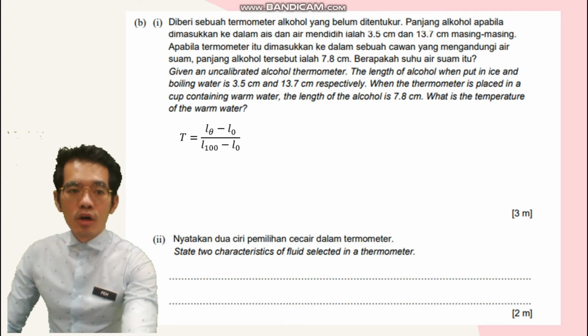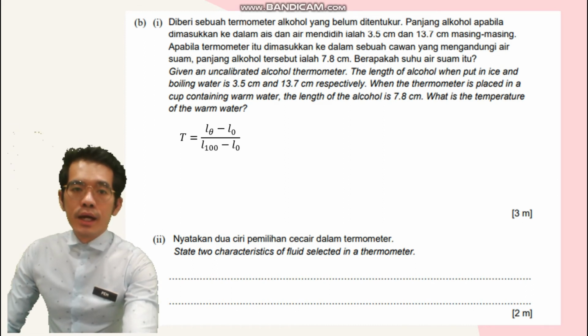L0, which is the length of the column of the thermometer at ice point, is 3.5 cm, and L100 represents the length of the column at steam point, which is 13.7 cm as stated in the question.